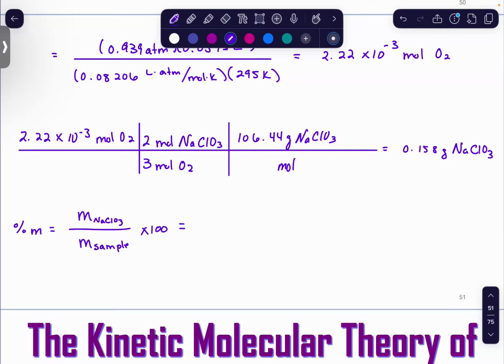Okay, so that's going to be 0.158 over 0.8765 times 100. And we find out that our original sample was 18% sodium chlorate.